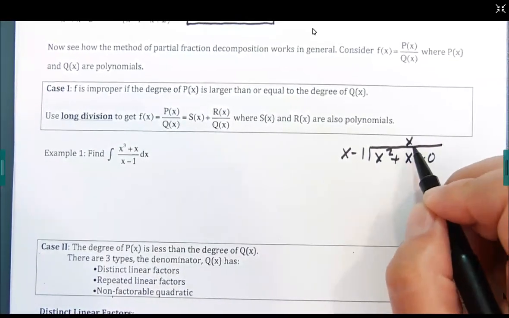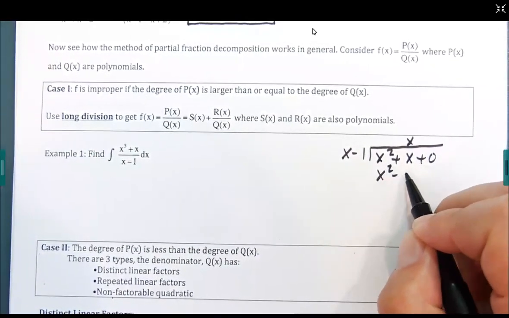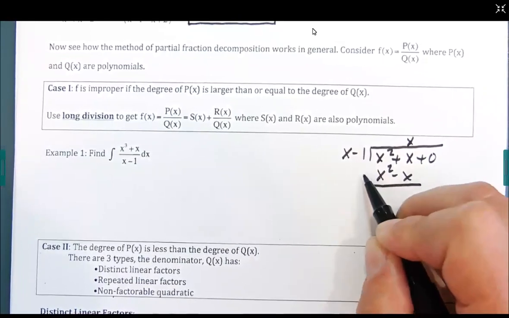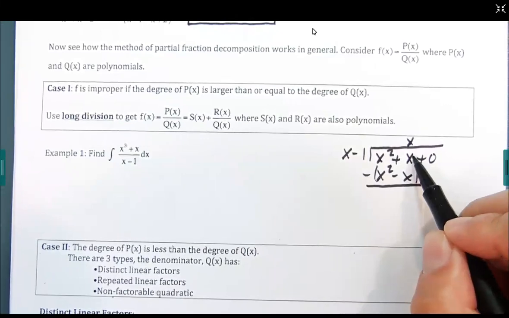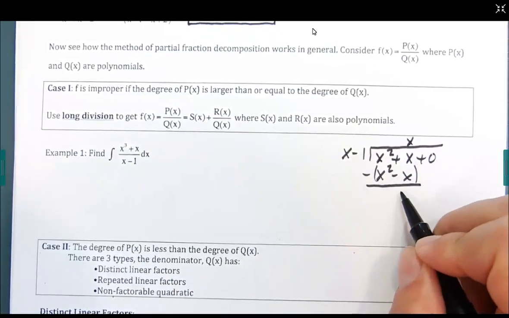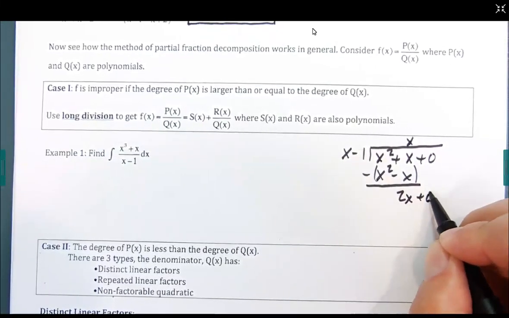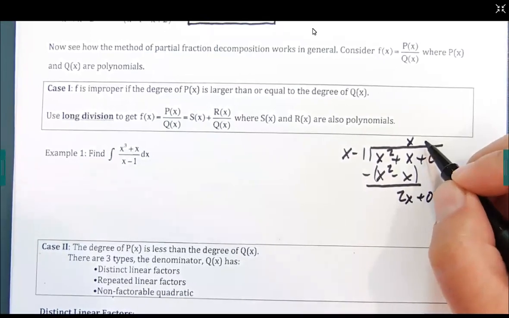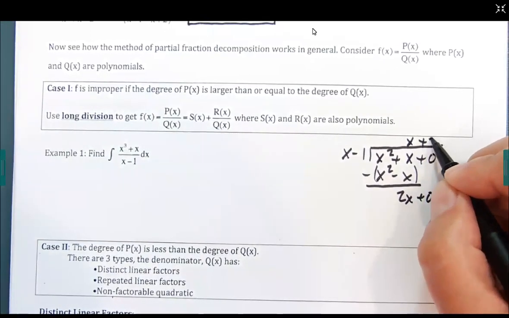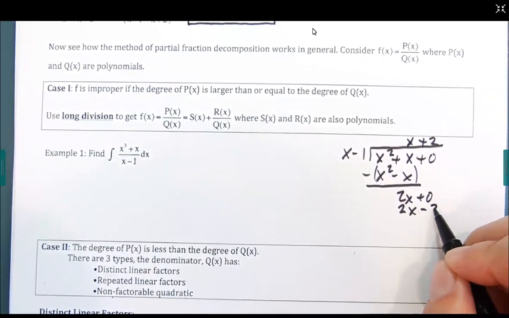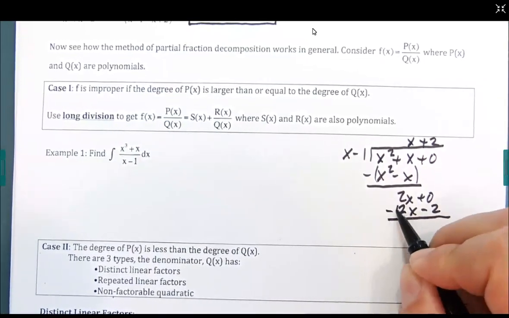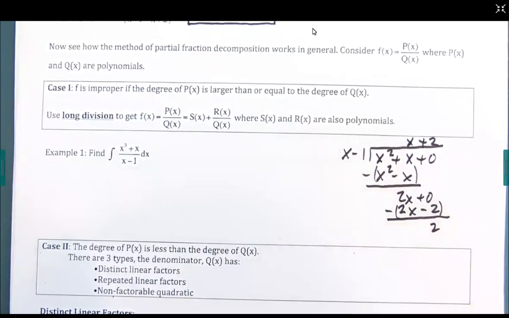So x. Just be real careful. That's x minus minus, right? So that's just 2x. And it's going to be plus 2. So it gives me a remainder of 2.